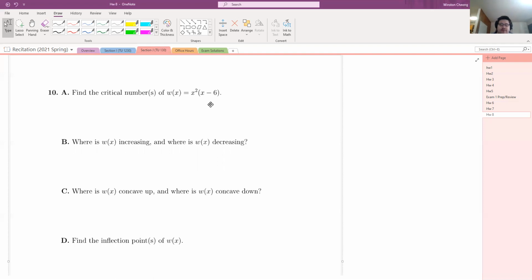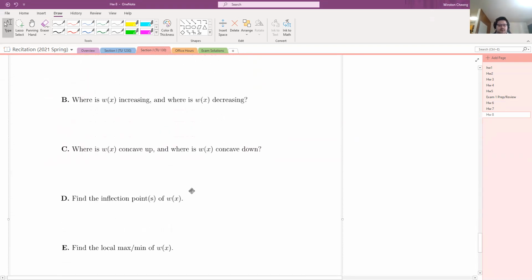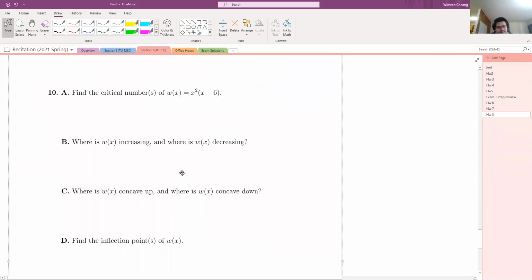So that would be basically all the information that you can gather from the function. And then you just take all that information together and try to sketch the graph using all of it, which is what we're going to do in part F. Right, so let's go ahead and run through this process.